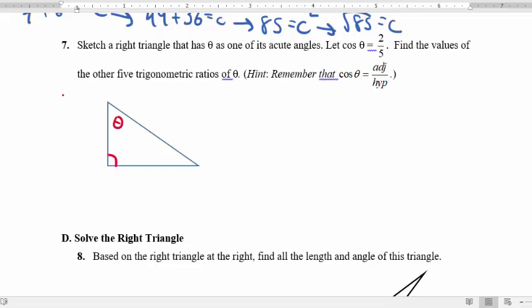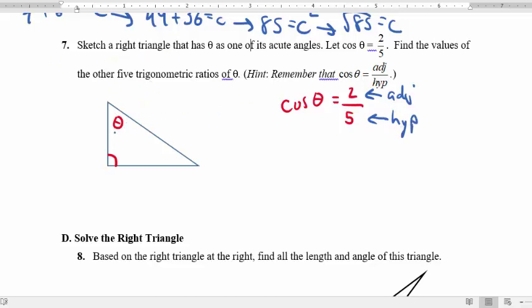So now they want us to let the cosine of theta be 2/5. So if the cosine of theta is 2/5, remember cosine was adjacent over hypotenuse, so we can think of this 2 as being the adjacent and this 5 as being the hypotenuse. So we can then set this triangle up to go along with that, right?